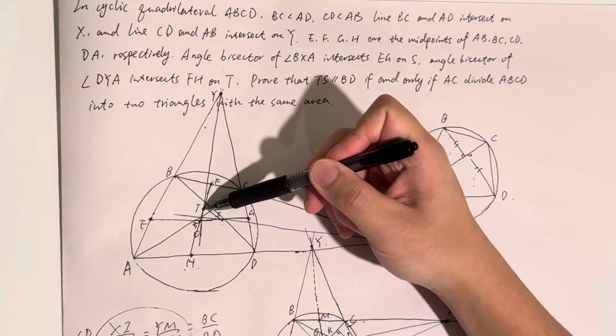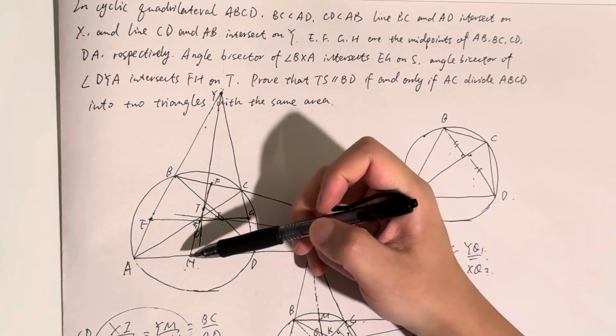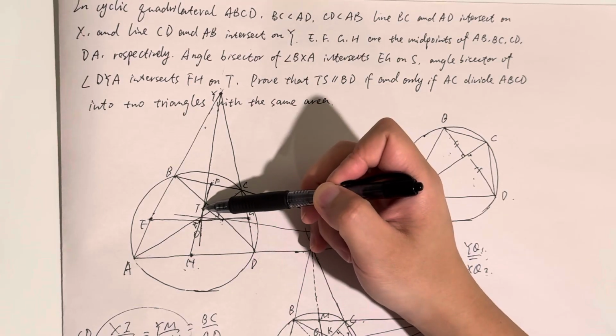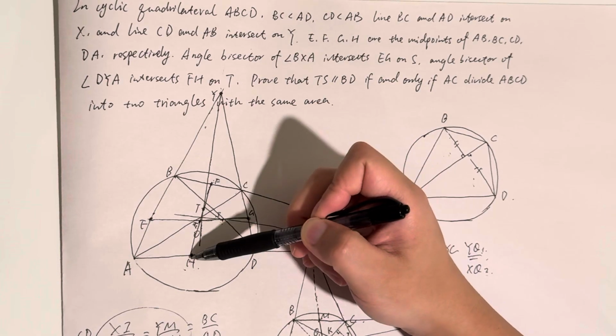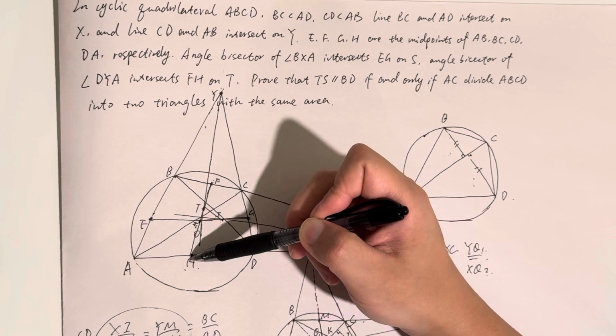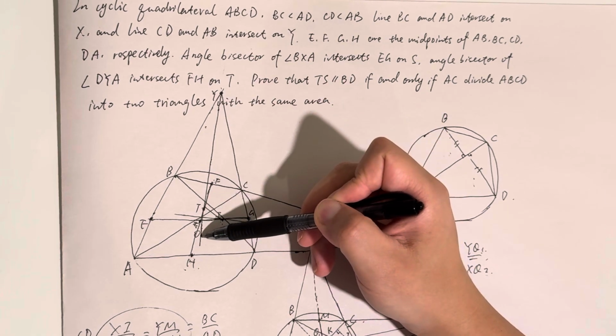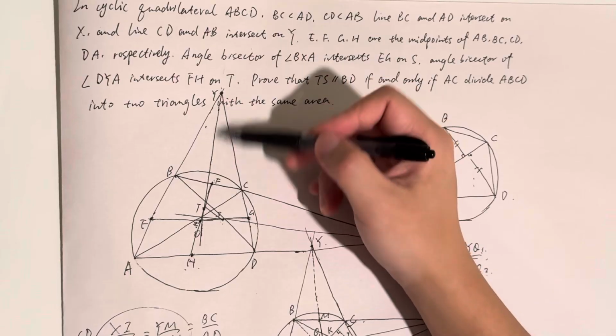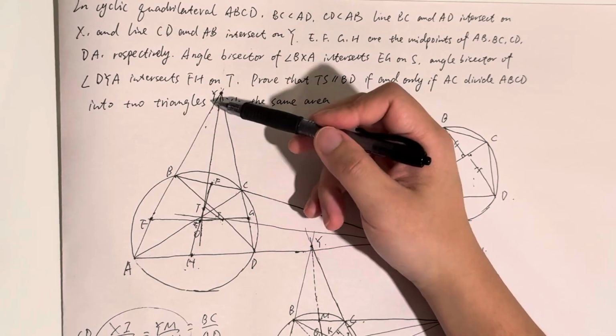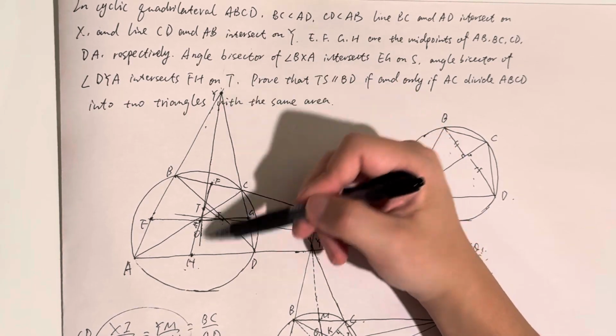T is a point, right? That is the intersection point of FH and YQ. I still call this angle bisector YQ.